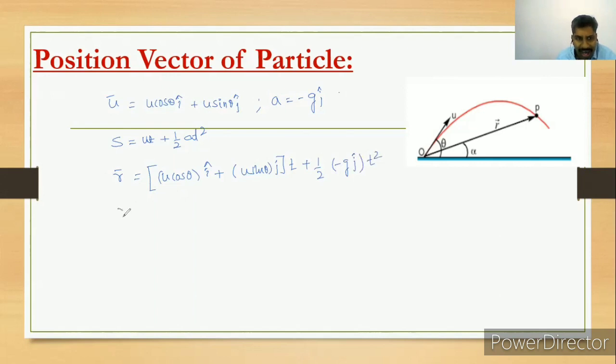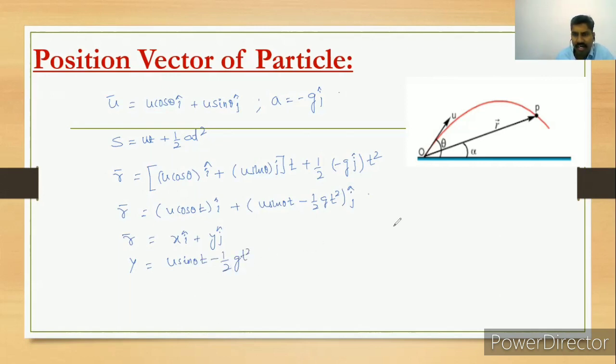So the r vector is equal to u cos theta t i cap plus u sin theta t minus half gt square j cap. It is also the form xi cap plus yj cap. Here the y component is y equal to u sin theta t minus half gt square.